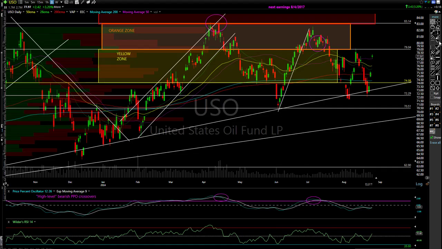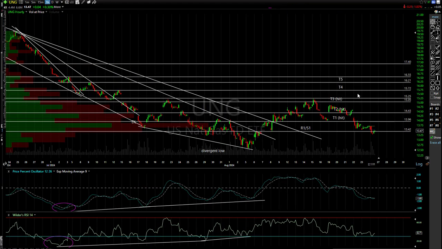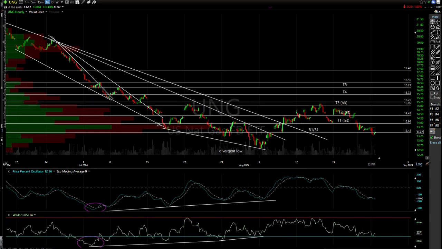These are the futures. Now UNG. Let me see, I marked it up. Let's see here. 60-minute chart, there it is. So if you remember the setup here, R1, it was a breakout above this downtrend line right here, the same one on the futures, and I called it R1S1. It popped above it, and so we're right back, came full circle.